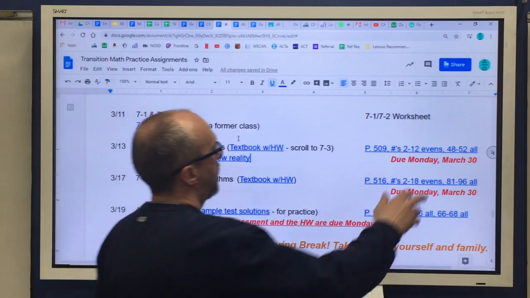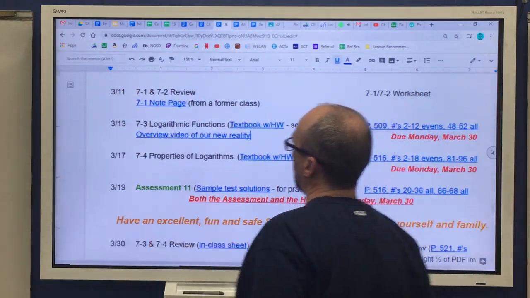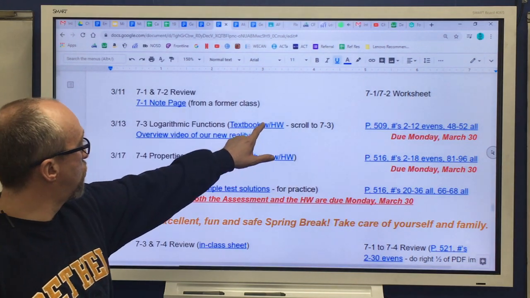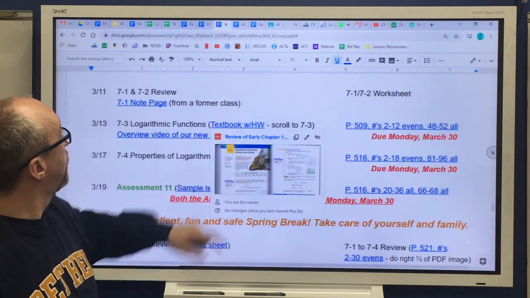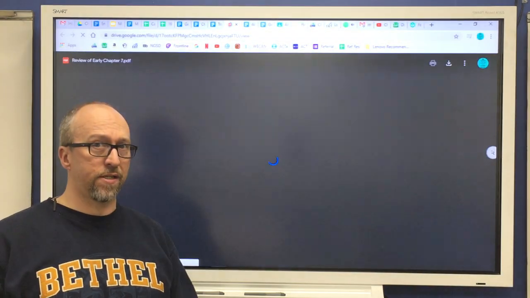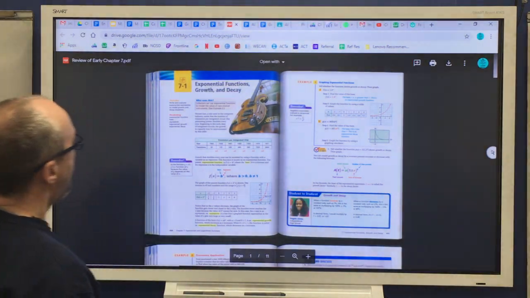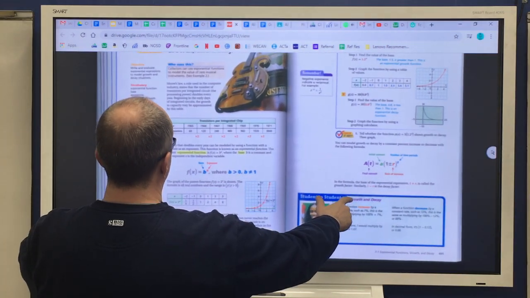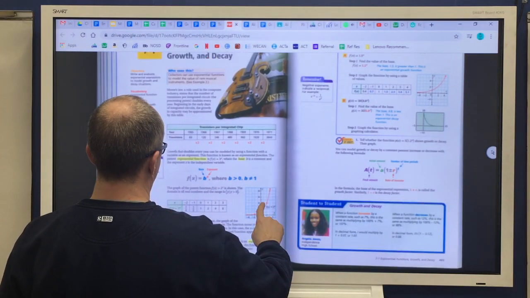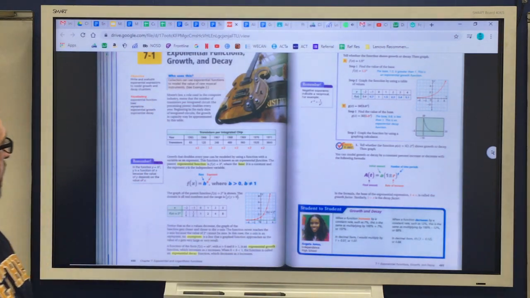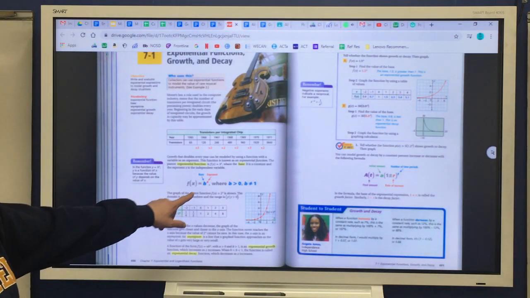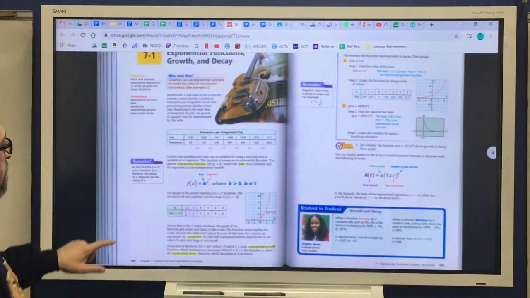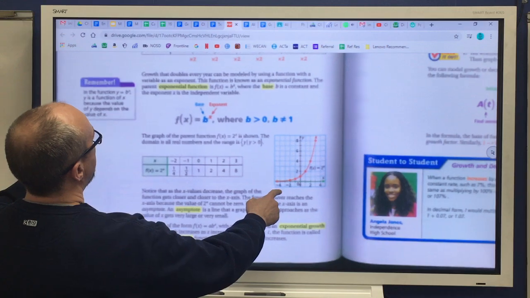Let me start off with a quick review of what we've learned thus far in chapter 2. Here we go. Again, this is the scan of the textbook. What we learned is that we have these functions called exponential functions, where you have a base to some power x. I wonder if this image gets any better if I blow it up.